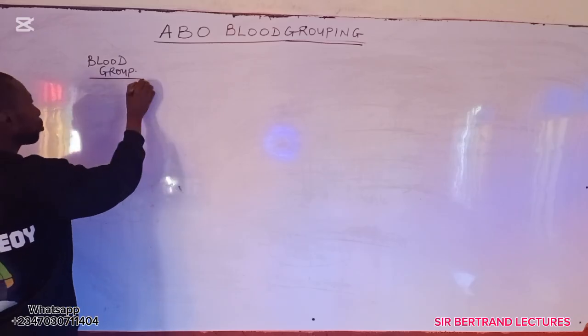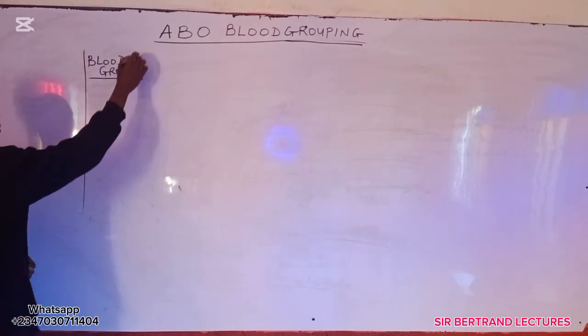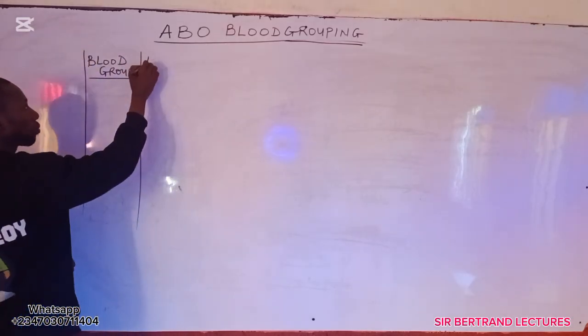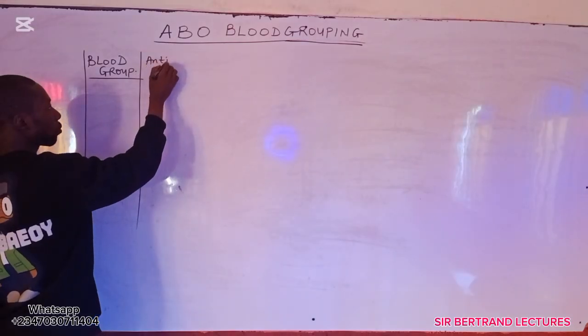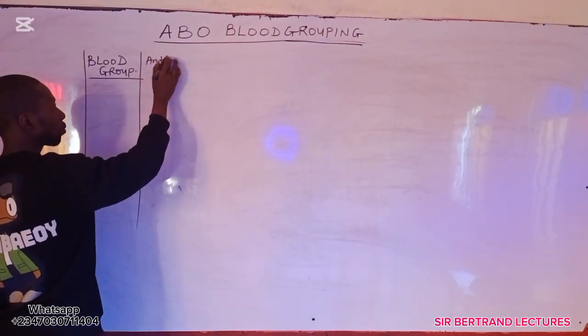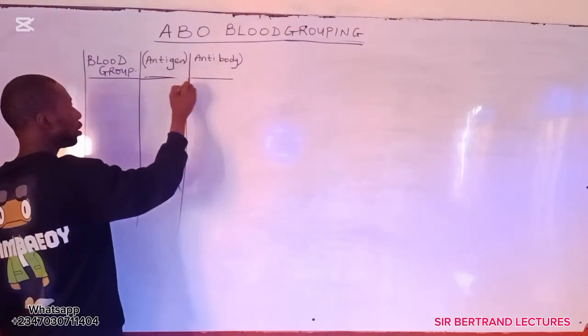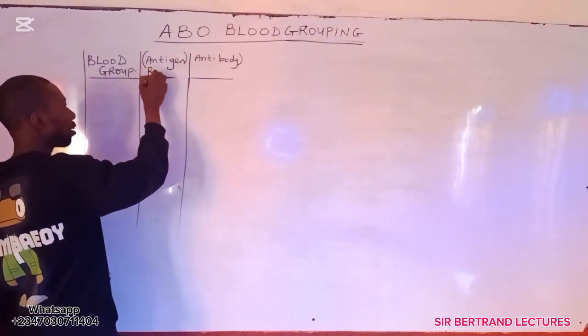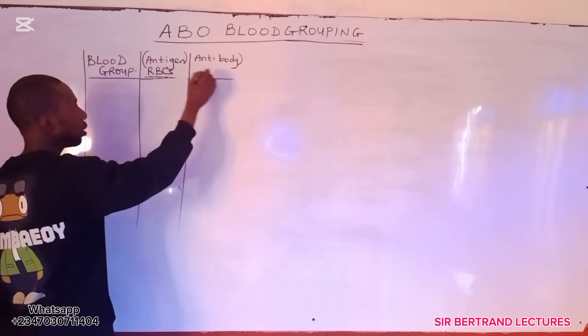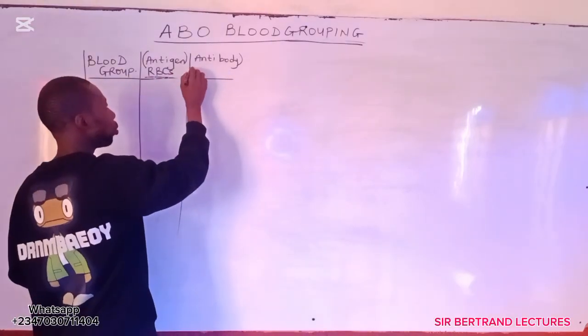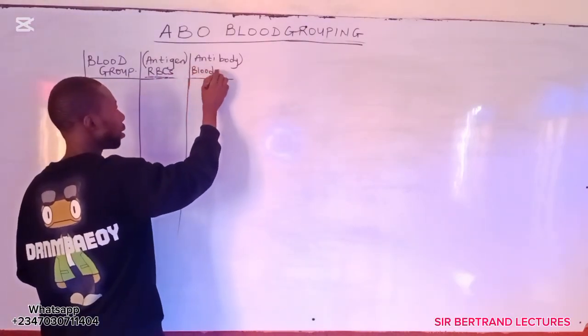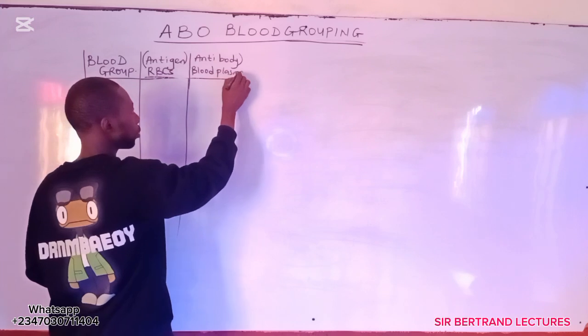This is the blood group. The antigen is found on the red blood cells, then the antibody is found in the blood plasma. Please take notes.